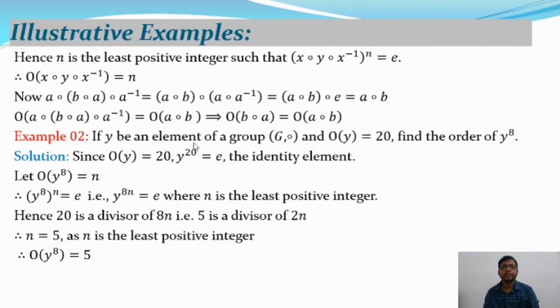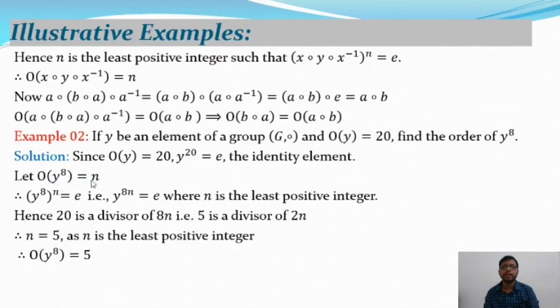After that we will take the second example on the order of a group. If y is an element of a group G and the order of y is equal to 20, find the order of y to the power 8. Since the order of y is 20, from the definition of the order of a group, y to the power 20 is equal to E, where E is the identity element in G. Now let the order of y to the power 8 be n.